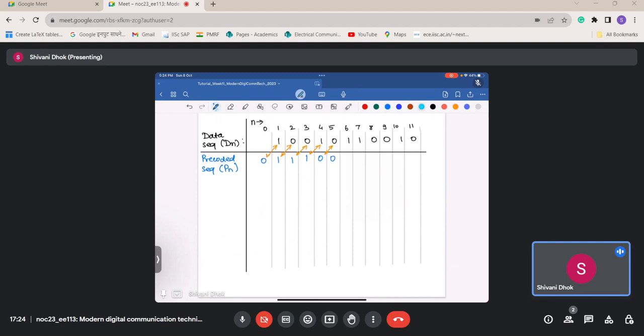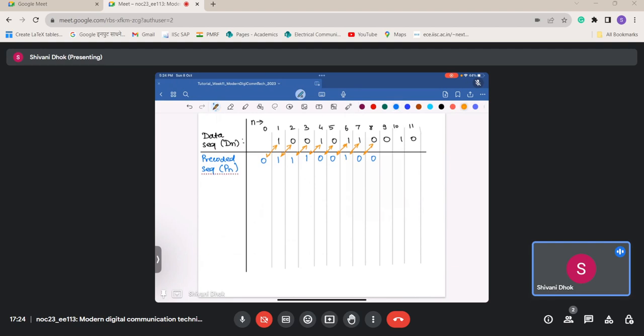Then we have XOR of 0 and 1, which comes out to be equal to 1. Then we have XOR of 1 and 1, that comes out to be equal to 0. Then we have 0 and 0, so again it will be 0.